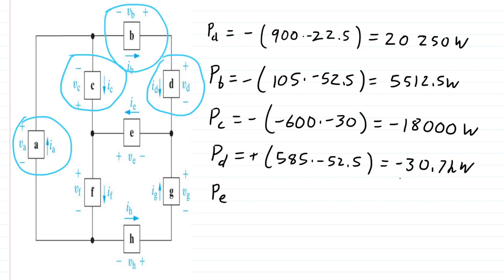And PE. This one also is flowing minus to plus, so we have a negative in front, and that means we have, let's see, negative 120 times 30?